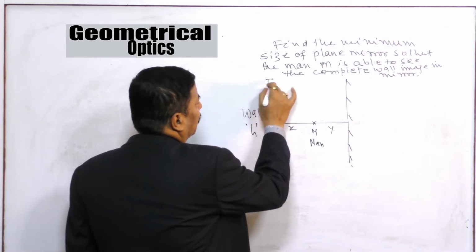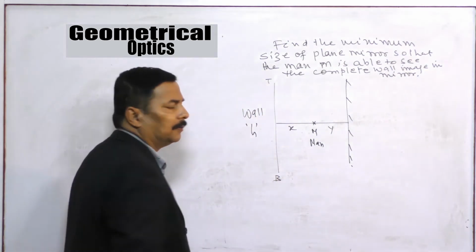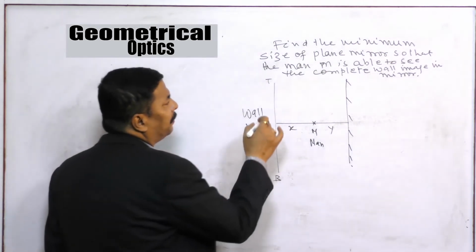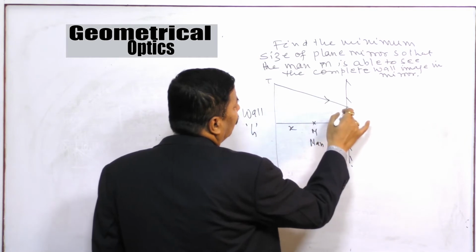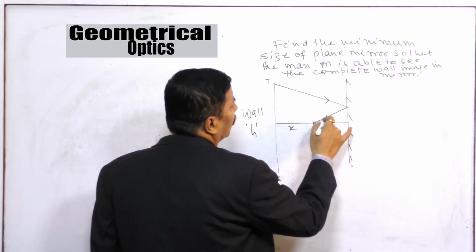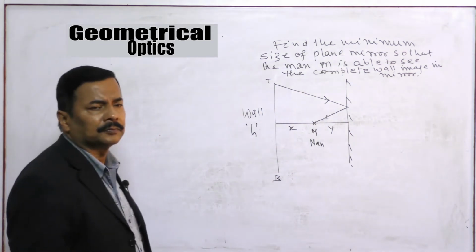suppose this is top and this is bottom of the wall. Then for the top to become visible, the ray of light should be incident, and after reflection it should fall in the eye of the man.